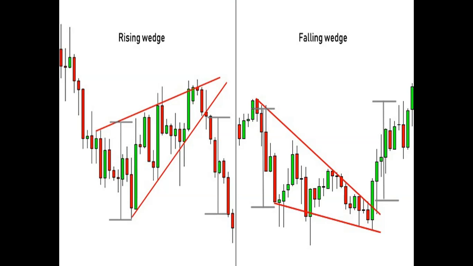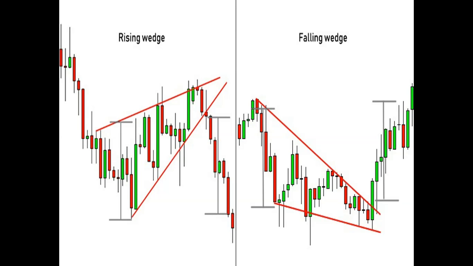So in rising wedge, you see the stock is going in downtrend, then again you see there is a uptrend and wedges form, then it again go to breakdown mode or go to downtrend mode, then falling wedge.